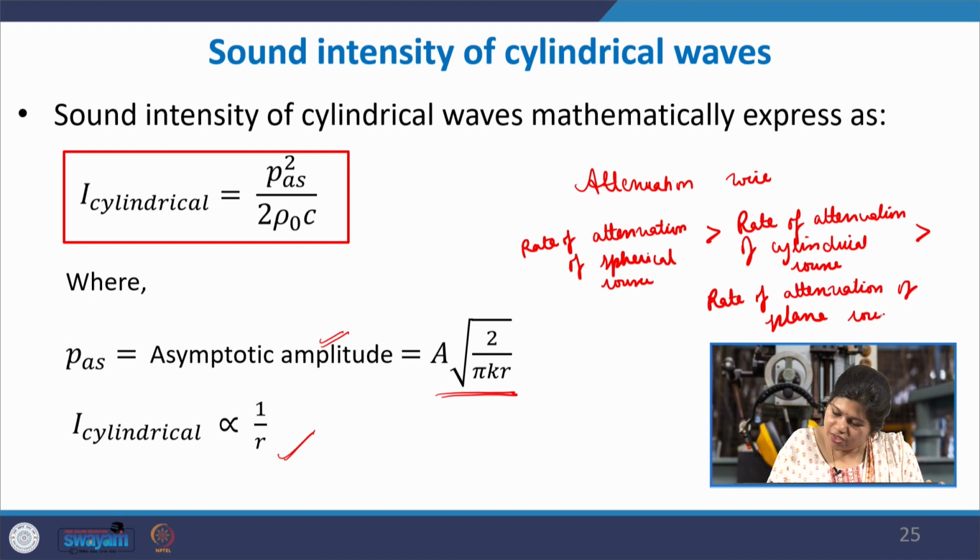The plane source takes priority because there is no attenuation at all, whereas with a spherical source you automatically get attenuation. One concept that can be used in various machineries is that if, by some means, you can convert a plane source into a spherical source, then you automatically get attenuation. Okay. With this, I would like to end this lecture, and thank you for listening.